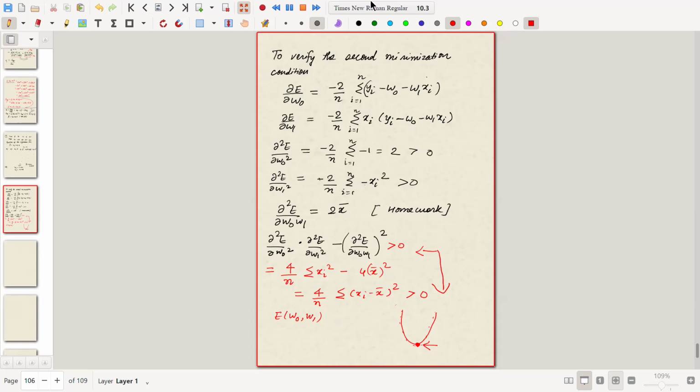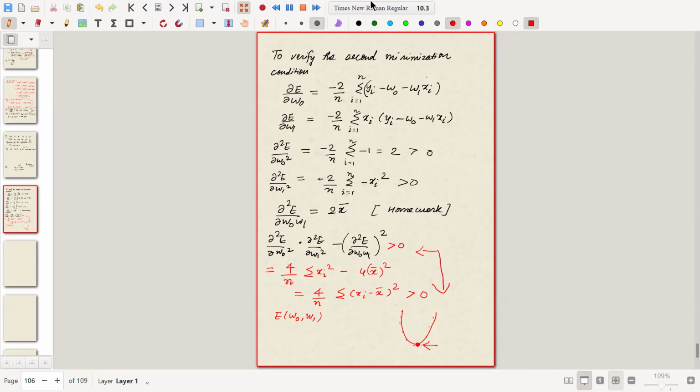That's where we got two equations. We solved the simultaneous equations and got formulas for W0 and W1. Then we solved a problem by hand, and then we solved it using Python. Using Python, we saw the regression line clearly.